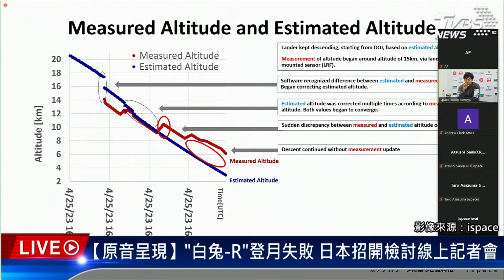This large jump means the onboard software of the Lambda successfully reflected the measurement result into the estimated altitude and corrected the altitude. Then after that, as you see here, both blue and red lines gradually converged. This is also a really good sign. That means estimation and measurement were almost consistent. That is a good sign.